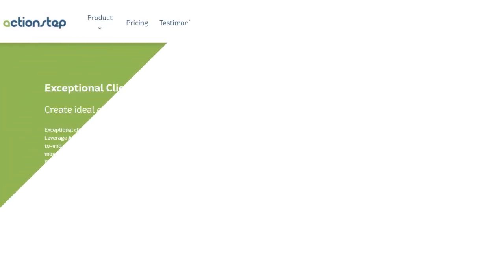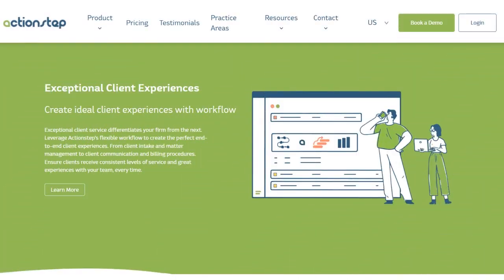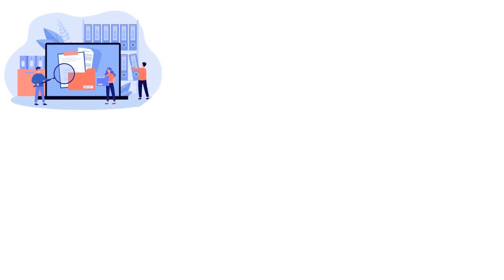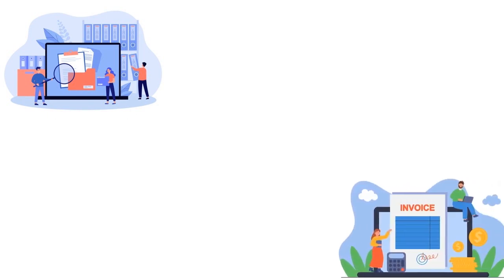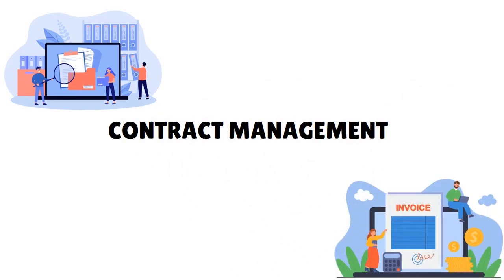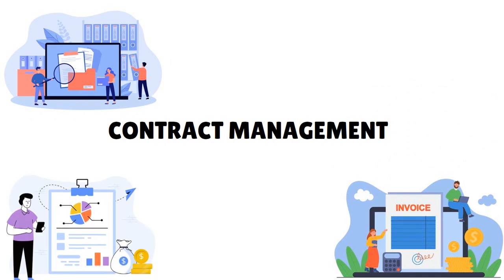What about Actionstep? Basically, you also have 6 features, but those features are slightly different. You have, of course, document management, you have task management, you have billing and invoicing, you have contract management, you have expense management, and you have time tracking.